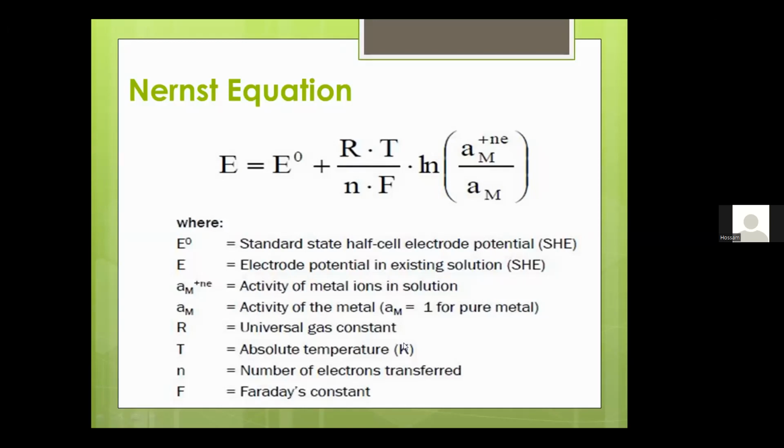As we see, the electrode potential in the existing solution equals the standard state half cell electrode potential plus this formula. Here is the universal gas constant multiplied by the absolute temperature. Here is the number of electrons transferred and Faraday's constant. Here are the activity of the metal ion in solution and the activity of pure metal.